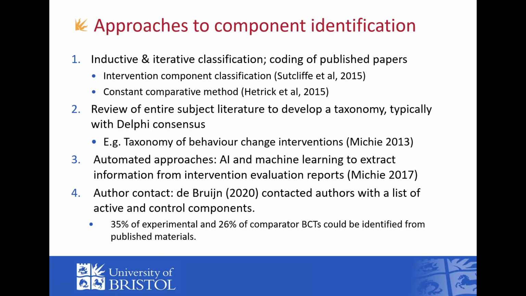Off the top of my head, I think it was 90% or something like that, of which they say that two thirds of that response gave extra useful information on the ingredients of those interventions. I think this work was only just published at the beginning of the year, and it's a really interesting approach, which could overcome some of the limitations of relying on the published literature.